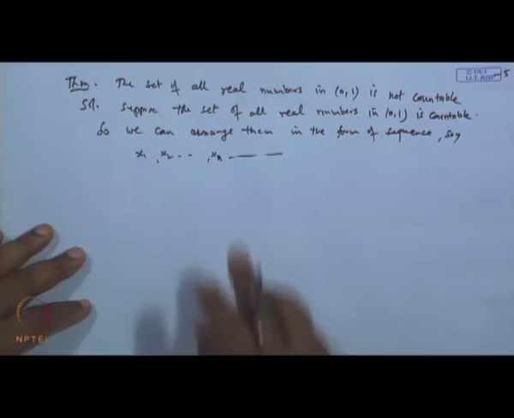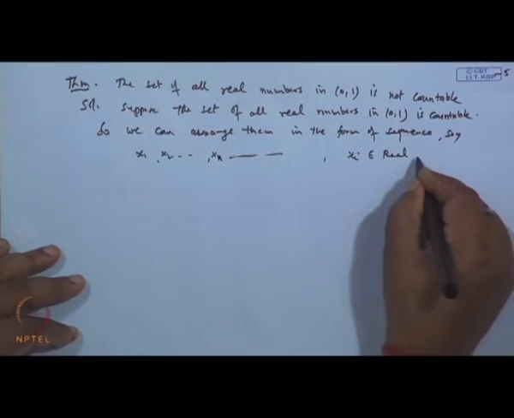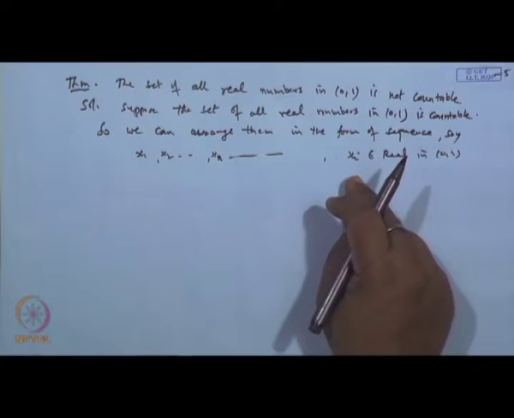Now, each xi is a real number in the interval (0, 1), so we can write down its decimal expansion.